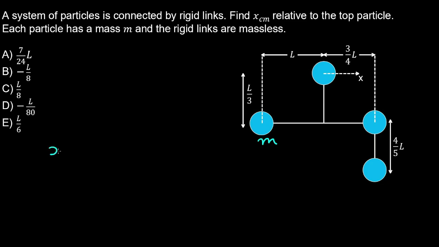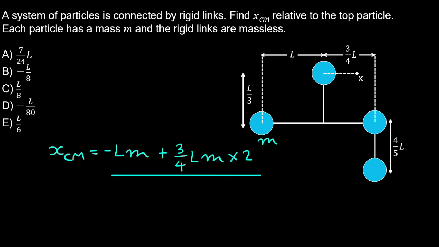So the center of mass in the horizontal direction is minus L by m plus 3/4 L multiplied by m, multiplied by the two masses, which has the same distance from the origin as per the question, and that's divided by 4 masses.